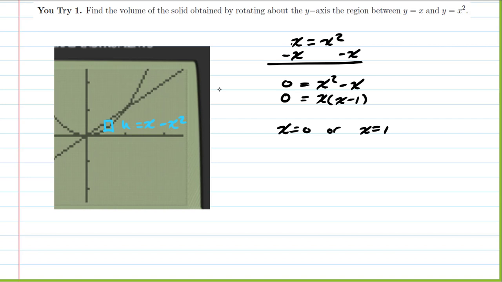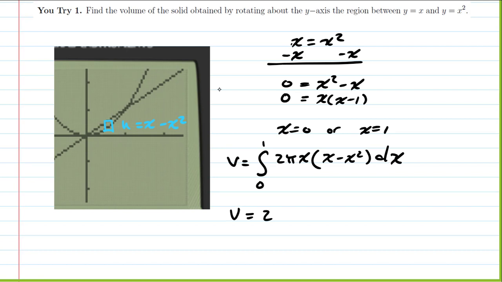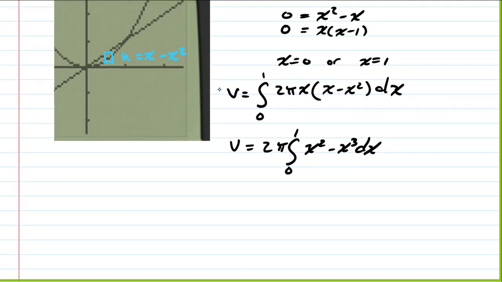So then our volume would be the integral from 0 to 1 of 2 pi x, our height, or our f of x, in this case x minus x squared dx. So we get 2 pi, the integral from 0 to 1 of x squared minus x cubed dx, 2 pi times x cubed over 3 minus x to the 4th over 4.